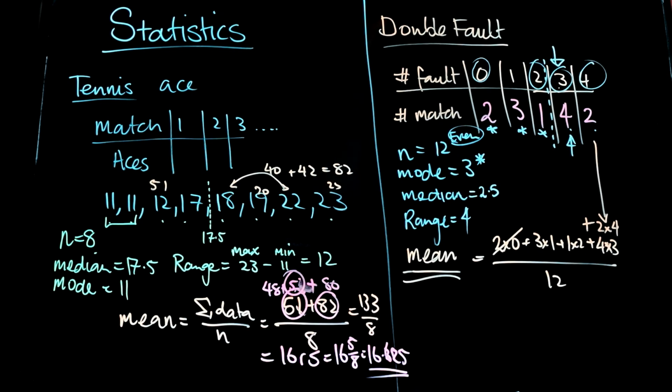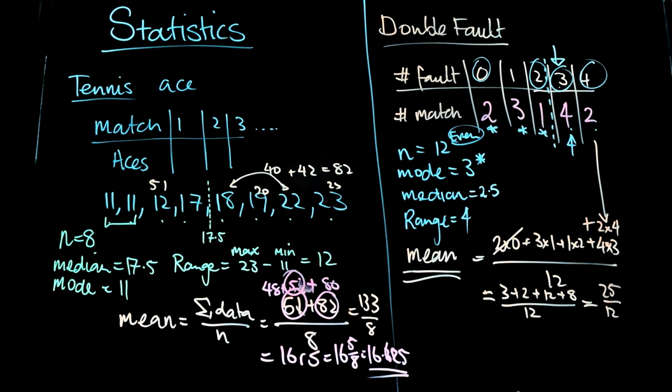So this looks a bit different for the calculation of the mean, and sometimes depending on how the data is delivered to us, especially in a table, we just got to be careful, right? So I'm going to tidy this up as 3 plus 2 plus 12 plus 8. So over 12, and that's looking like, finally, 25 over 12.